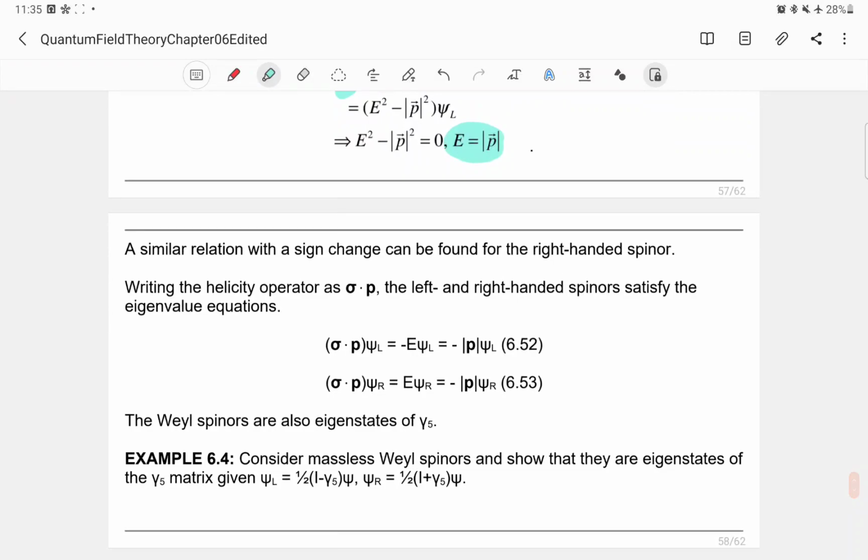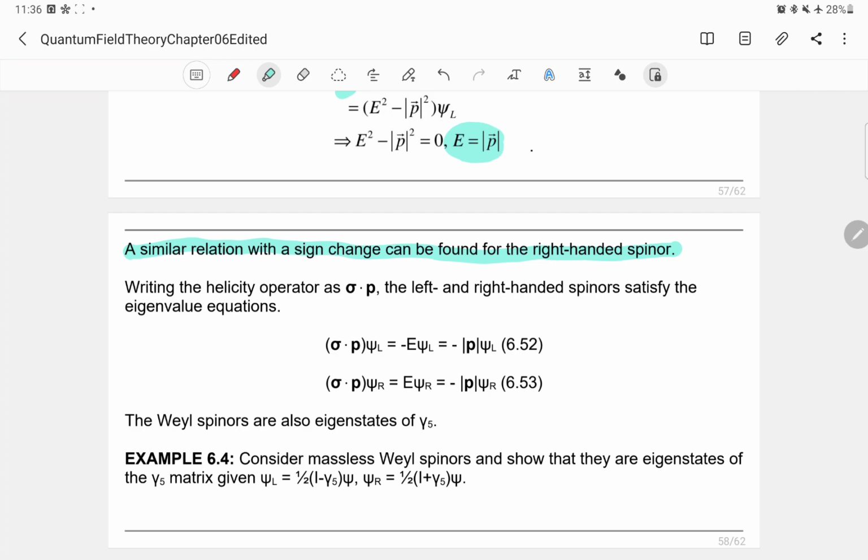For the right-handed spinor, you will have the same, only that the energy is, I mean, not negative but positive.